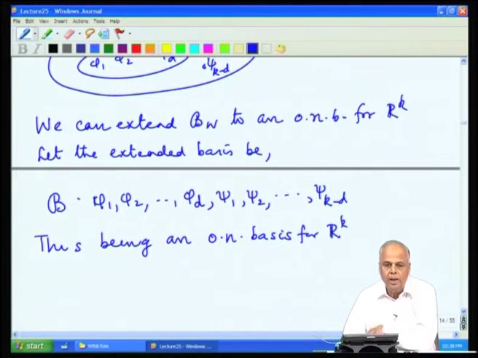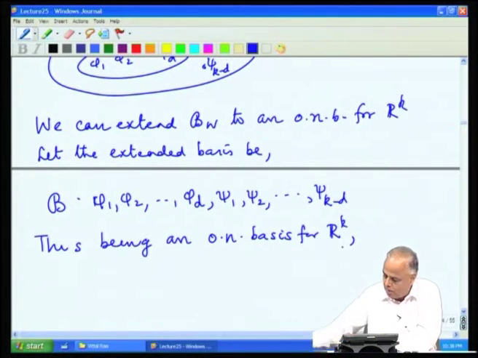This being an orthonormal basis for R k, we have seen that any vector can be expanded in a Fourier expansion, or as a linear combination in terms of the orthonormal basis vectors, where the coefficients in the linear combination are simply the inner product of the vector with the corresponding basis vector. So, let us sum this up.